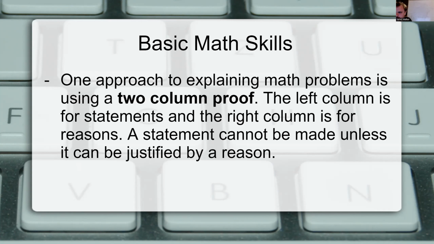So the way a two-column proof works is, as you could have guessed, you make two columns. On the left, you'll have your statements. And then on the right, you'll have your reasons.